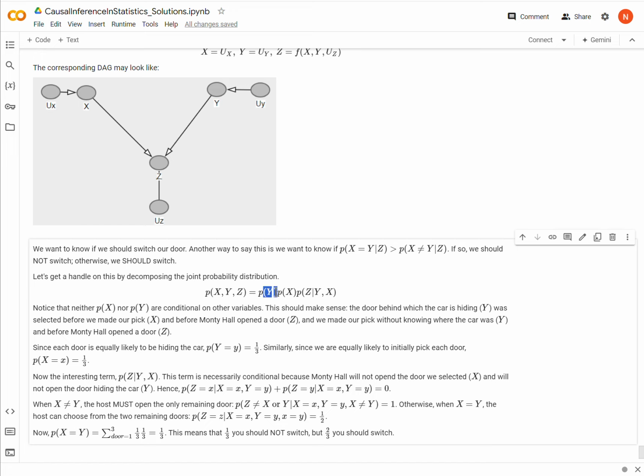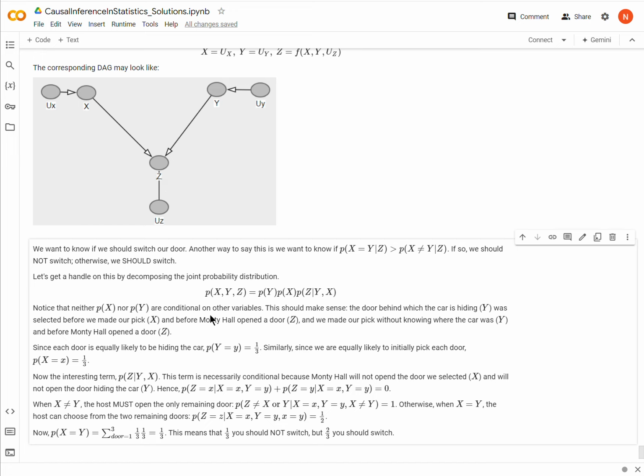So we have the probability of y not conditional on anything, the probability of x not conditional on anything except for the ux, and we're ignoring that for now. And then the probability of z given y and x. And why is it conditional on y and x?